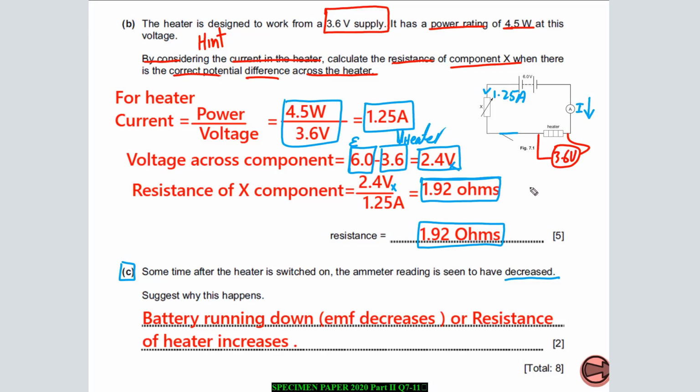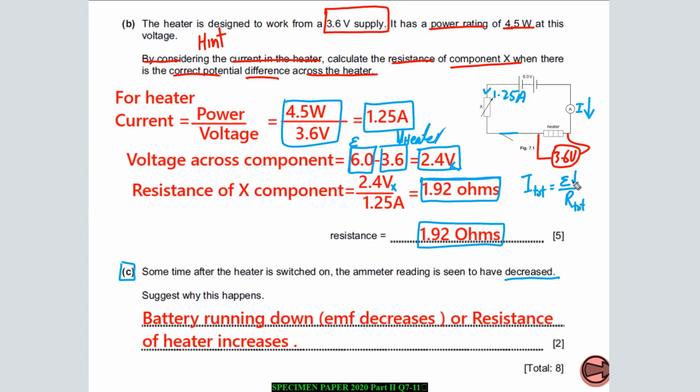There are two possibilities, because the current in the circuit, I total, depends on two things. One is the total voltage, meaning the EMF of the battery. The other is R total in the circuit.